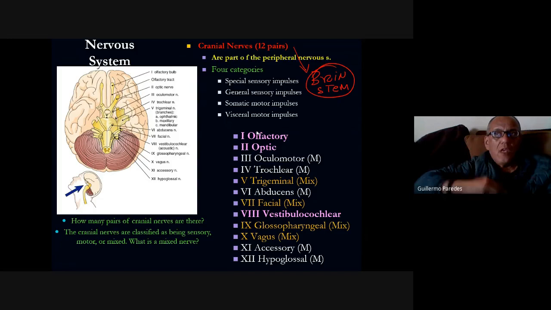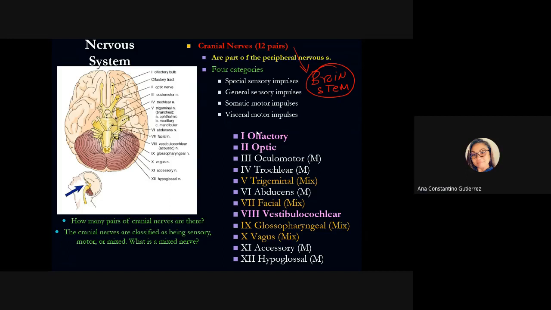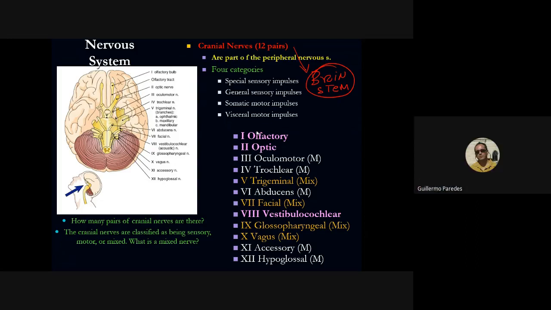There is another way: you put the tongue depressor under the tongue and push the tongue down, and it produces nausea. That is the vagus nerve, number 10.